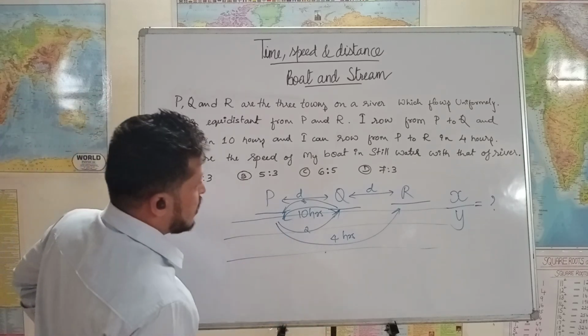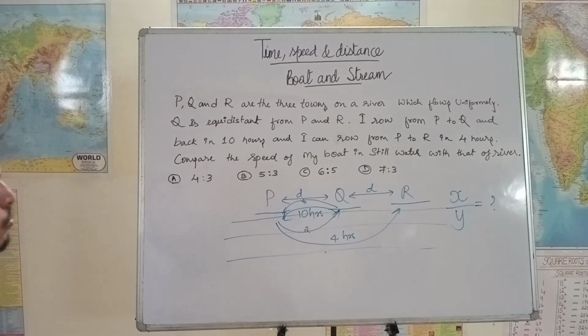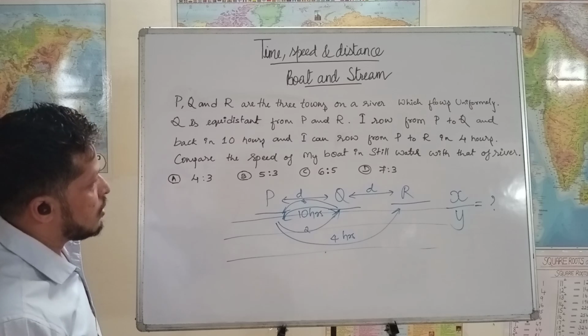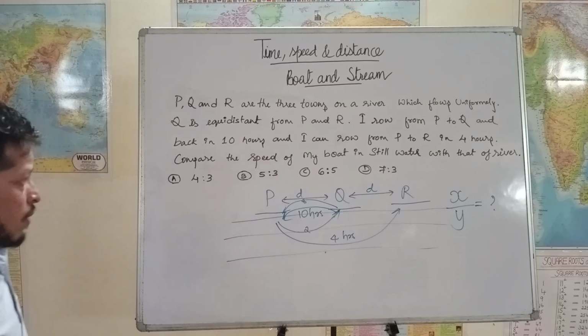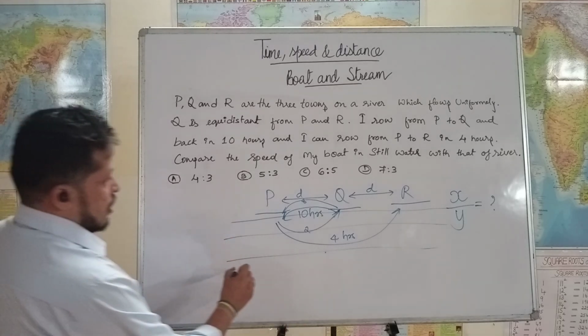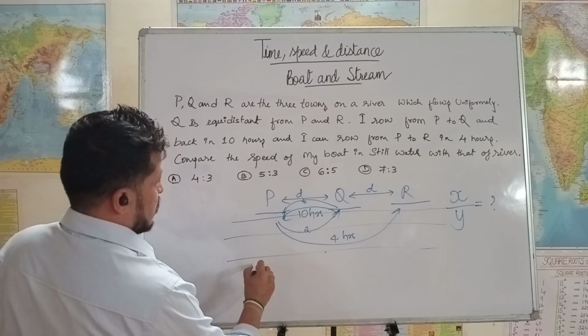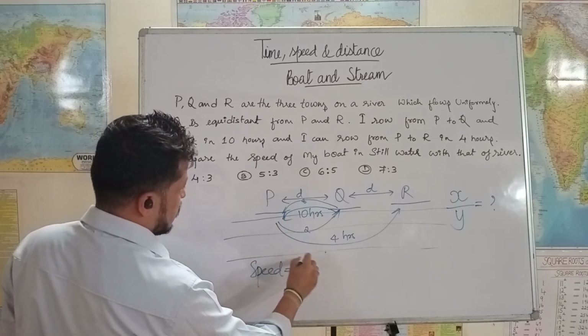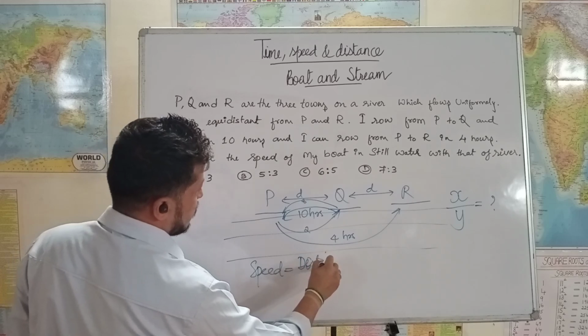2 hours is the time taken to travel from P to Q, and 8 hours is the time taken to travel from Q to P. Now what is speed? Speed is equal to distance traveled by time taken, right?